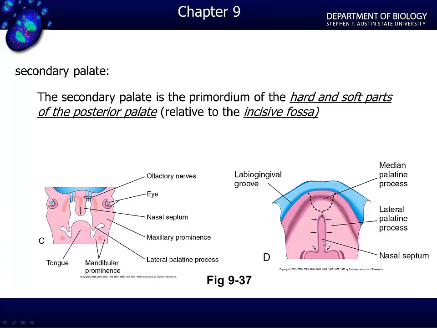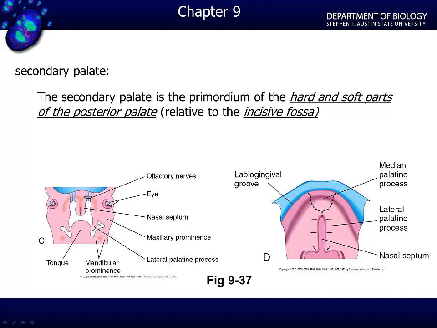Now, in addition to looking upwards from the floor of the oral cavity, if we take a coronal section and look at that coronal cut, we're basically looking at someone's head face on, but the face has been removed. And so we've got the oral cavity, we've got the tongue forming in the floor of the oral cavity, we've got the nasal septum growing downward from the roof of the nasal cavity, and then we have our lateral palatine processes growing in.